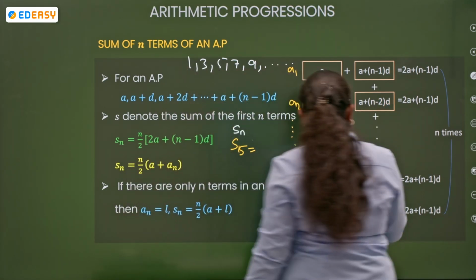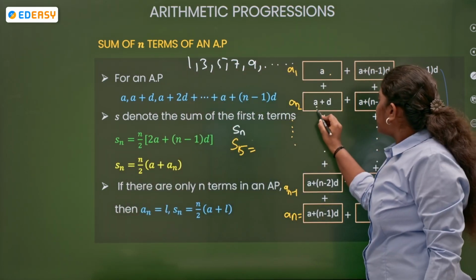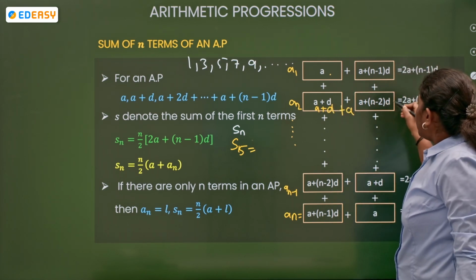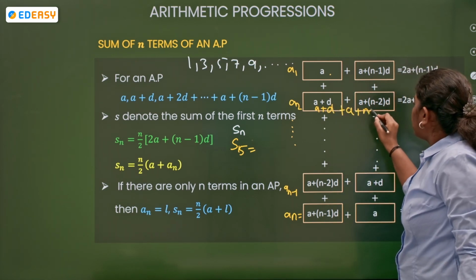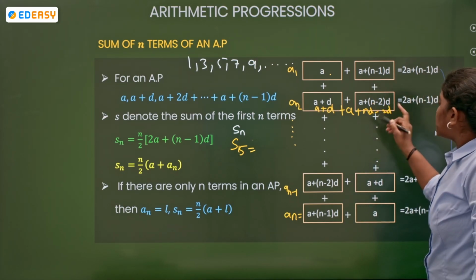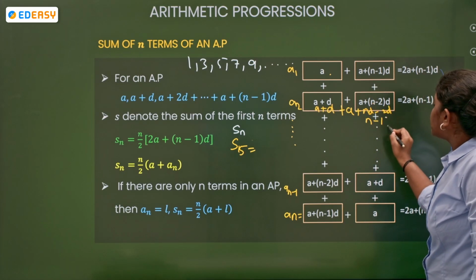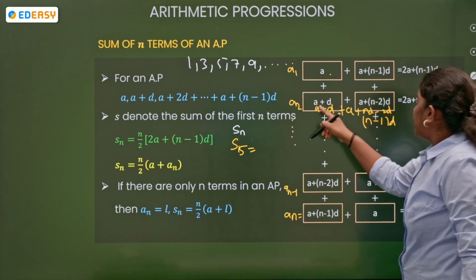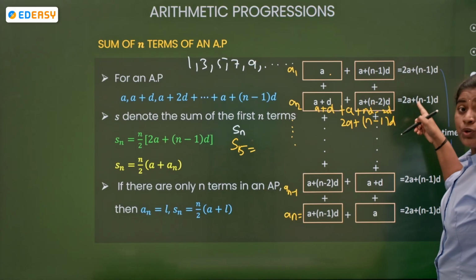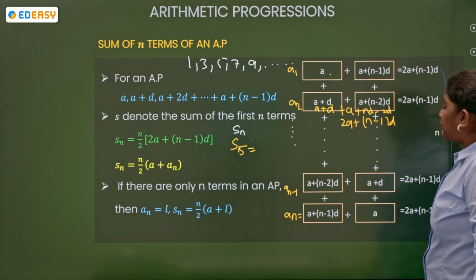If you simplify this, a plus a is 2a, and nd minus 2d plus d gives n minus 1 into d. So here also we get 2a plus of n minus 1 into d.